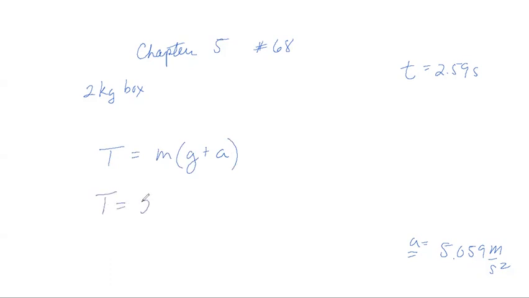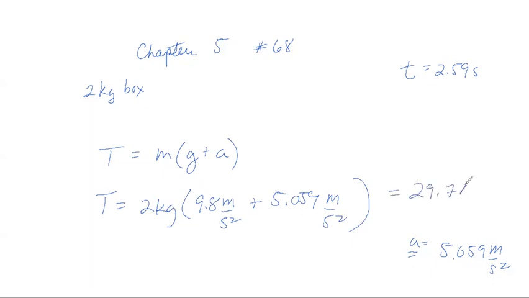So T is going to equal 2 kilograms times the quantity 9.8 meters per second squared plus 5.059 meters per second squared. And the answer is going to give me 29.7 newtons. All right, and that concludes chapter 5.